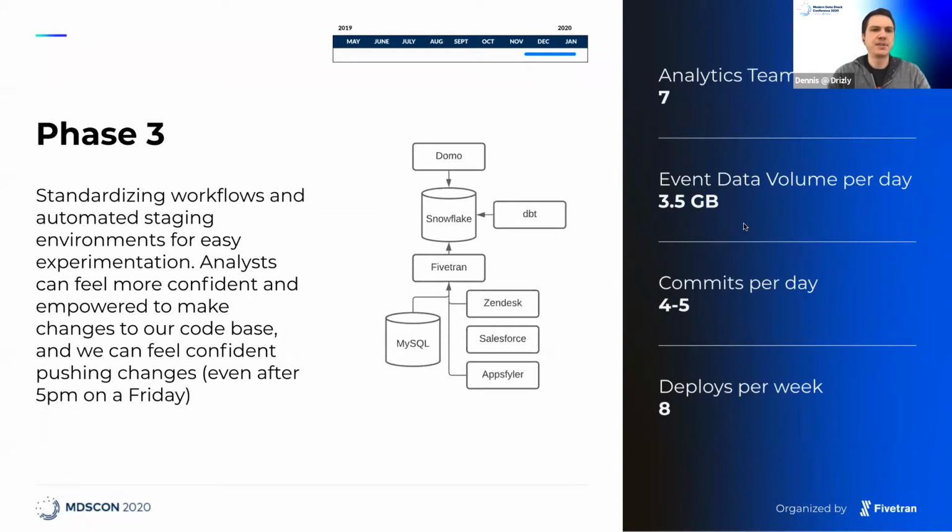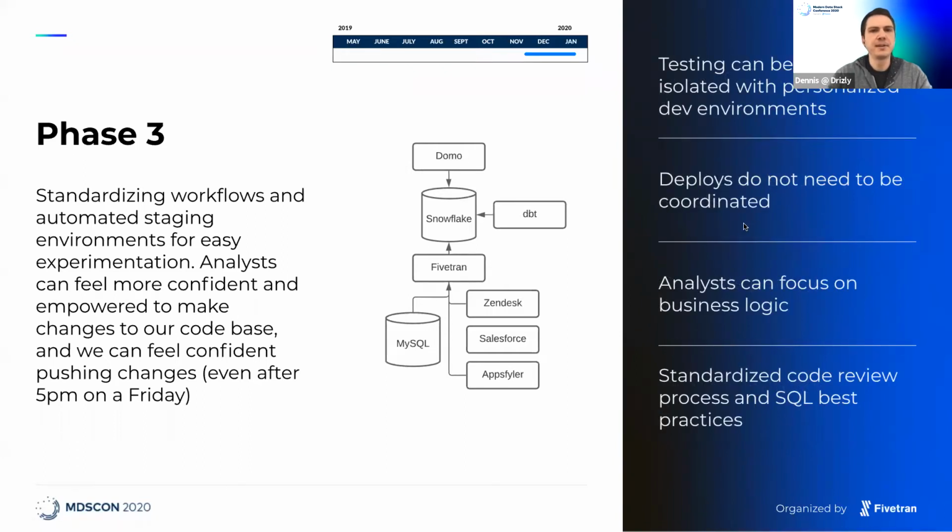Really, this was about making our stack as easy for people to use as possible. And this was where, by having tools that did one thing well, we could marry them together in a way that complemented each other.